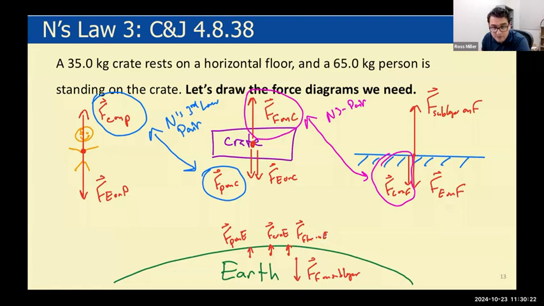That's the gravitational. So this arrow here, the floor on earth and earth on floor, that's a gravitational Newton's third law pair. The floor on sublayer and sublayer on floor are like a normal sort of third law.